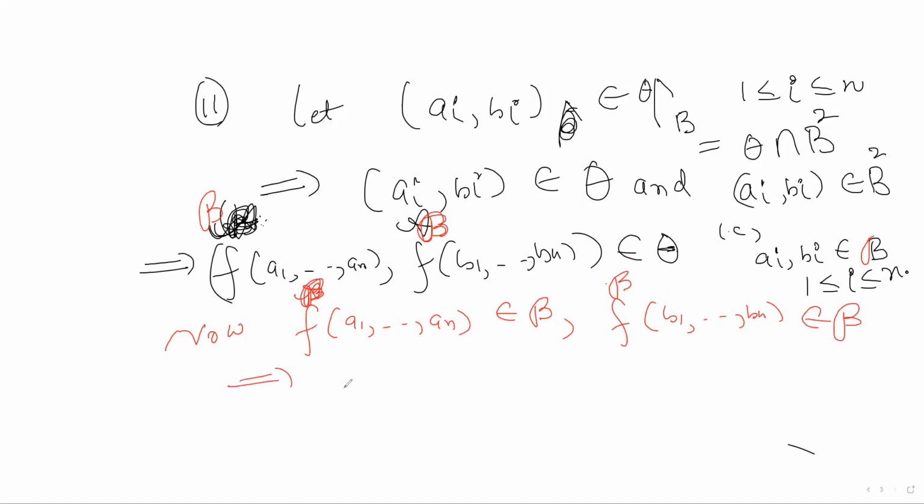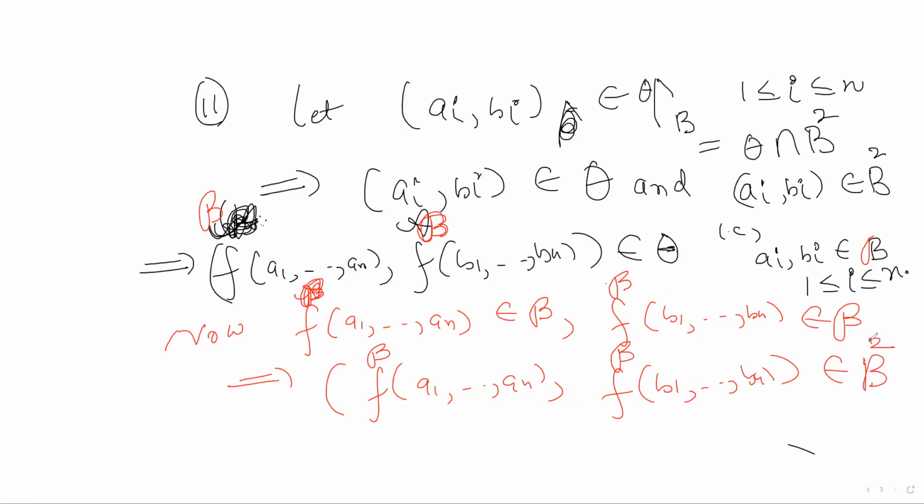So this means this pair f_B of a1 so on an comma f_B of b1 so on bn then belongs to B square. Okay, it belongs to B square. Once it belongs to B square, it is already in theta.